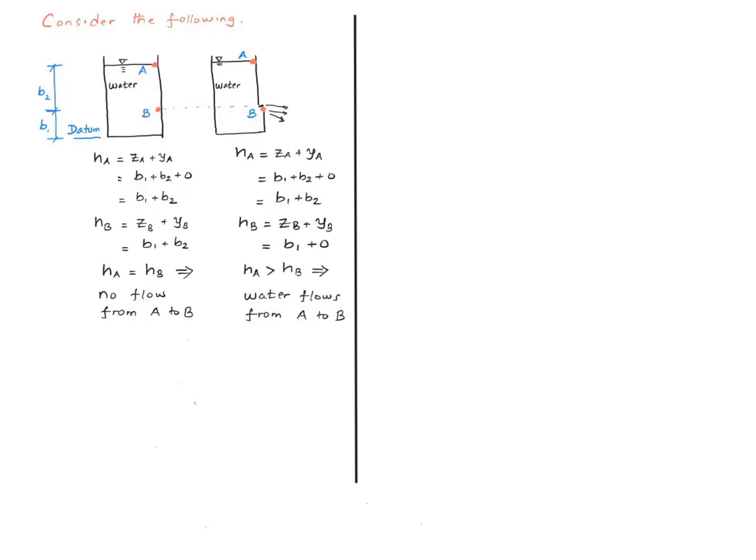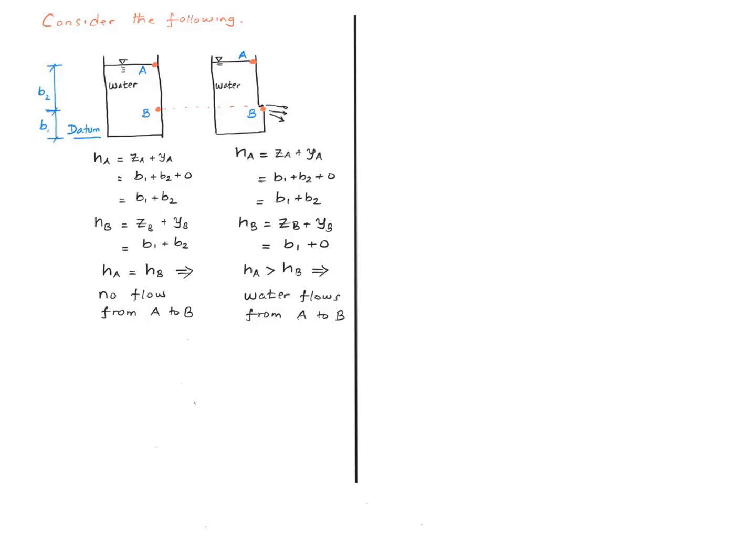But at point B, we suddenly lost the pressure head, all right? So the elevation head is B1, but there's no pressure head. And therefore, HA is greater than HB, and according to Darcy's law, water is supposed to be flowing from point A to point B, which we know is exactly what is going to happen.